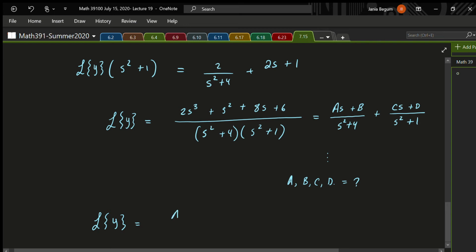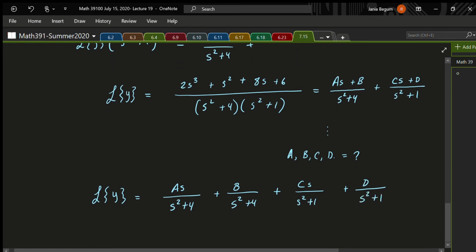So you have A times s over s squared plus 4 plus B over s squared plus 4 plus C times s over s squared plus 1 plus D over s squared plus 1. And that will be your Laplace transform.